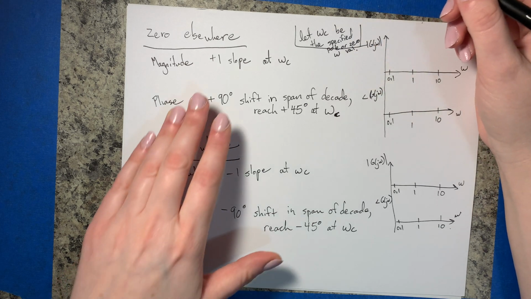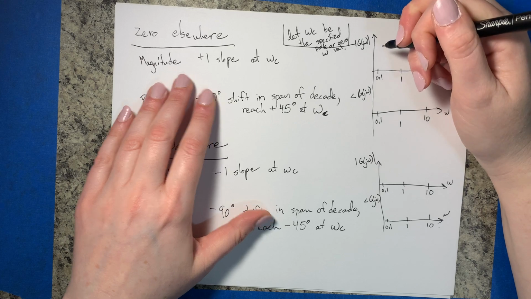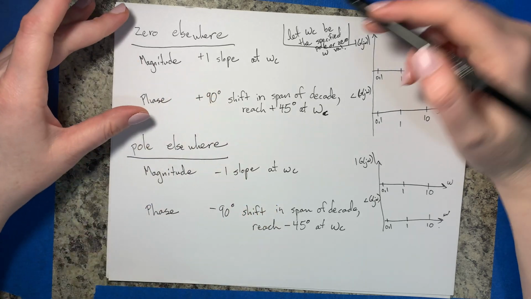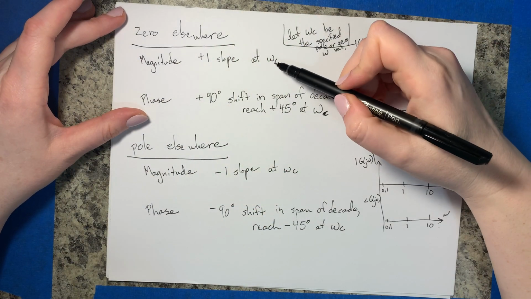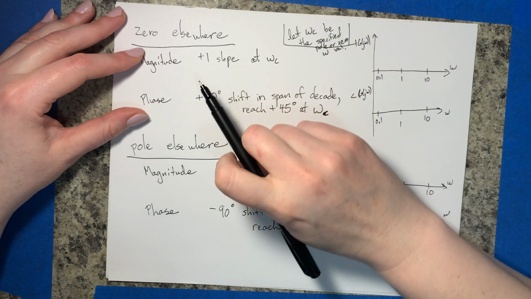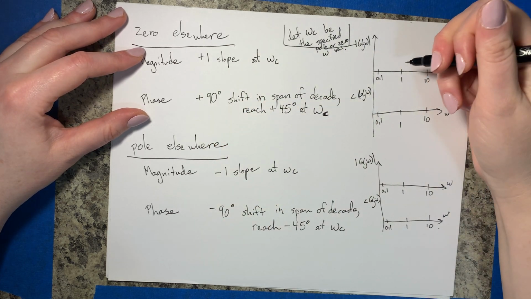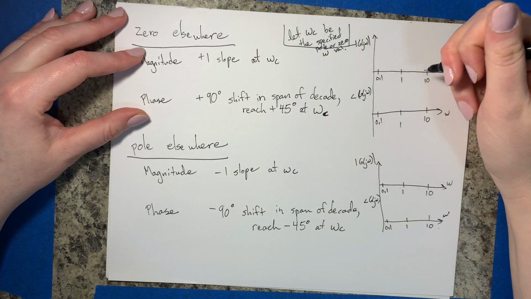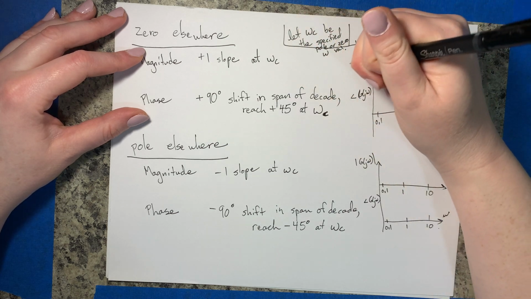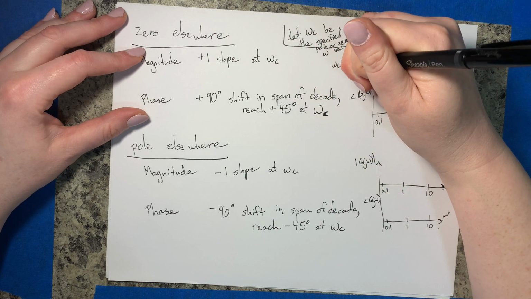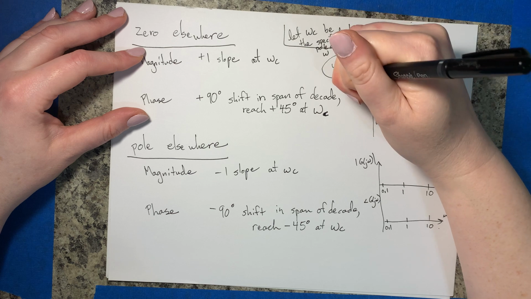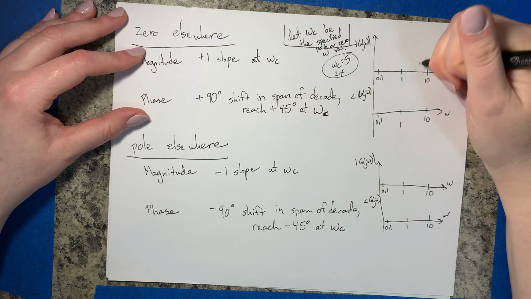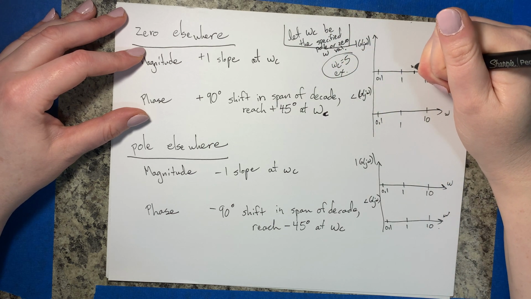So for our magnitude, we have a zero at some omega c. Let's say it happens at omega c equals 5. So it would happen somewhere around here.